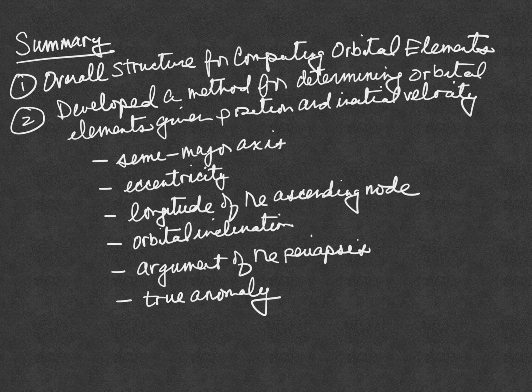And this method is going to form the basis for being able to do calculations, to be able to understand orbits, and to be able to analyze orbits. And we'll be using it in the future with this material.